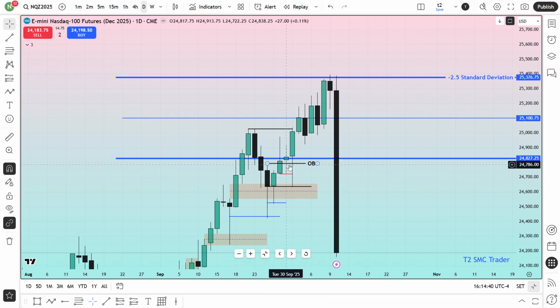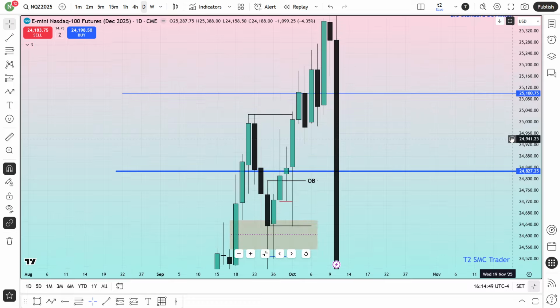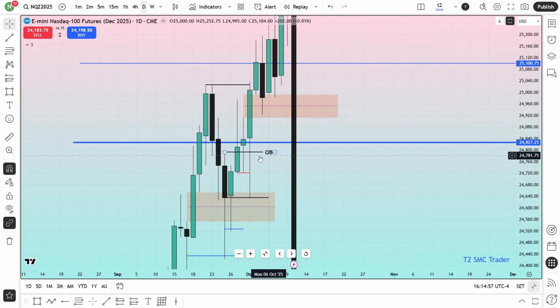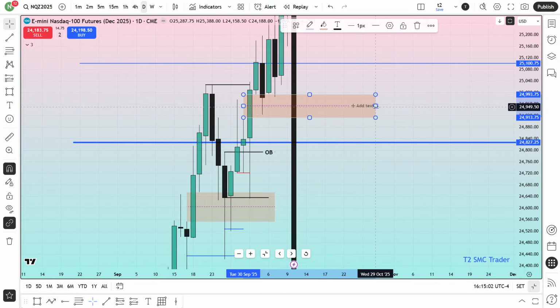When this market has traded this order block by that candle and that candle, then came here, there is a fair value gap. So I need to mark that gap now. Around here, this is the gap. What I should expect after trading the order block is that this gap should be an unfilled gap.